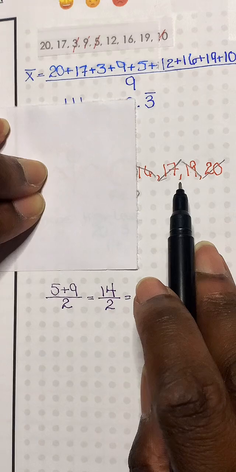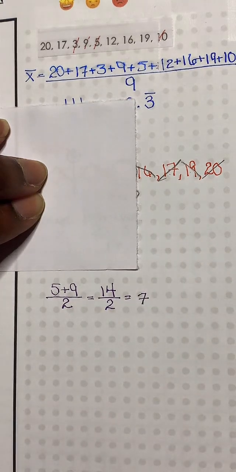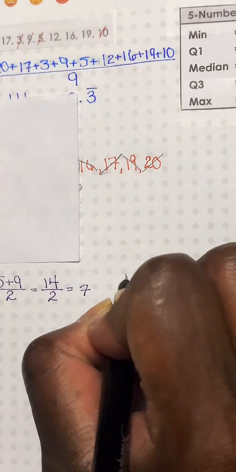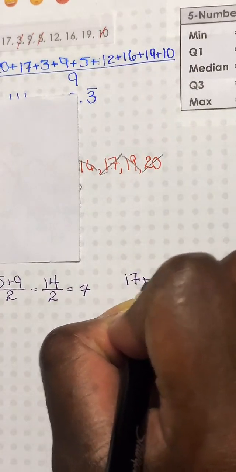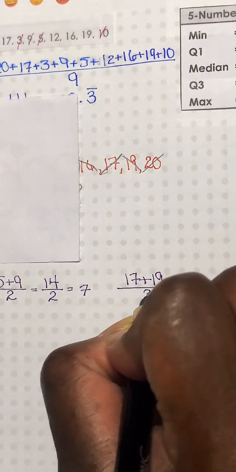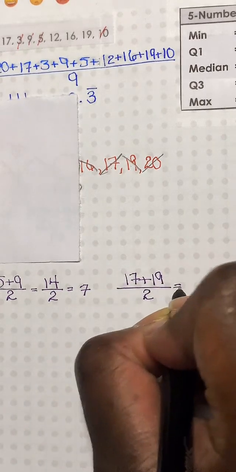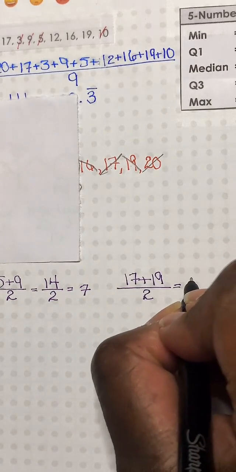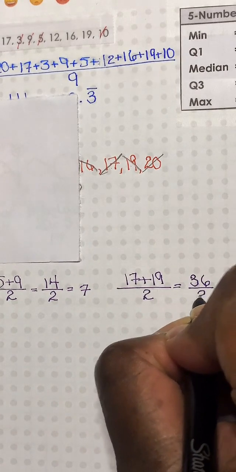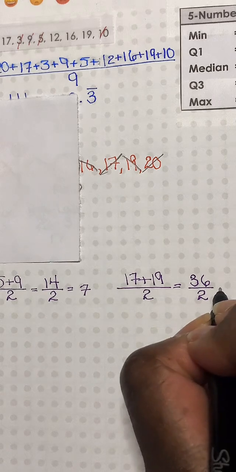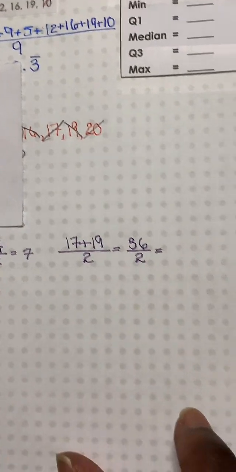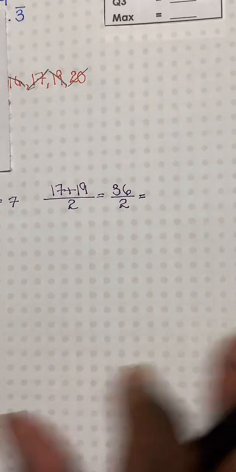So even if we did the same thing that we did down here for the lower numbers, we have 17 plus 19 divided by 2, so we have 36 divided by 2. There we go.